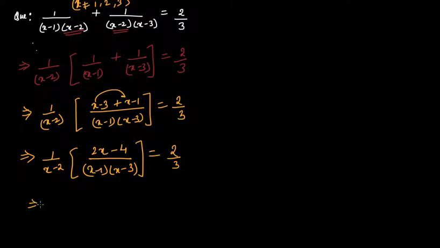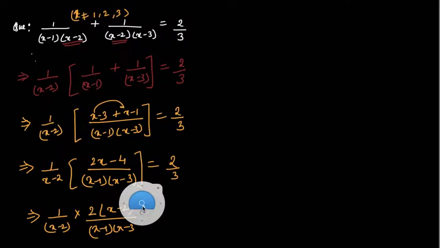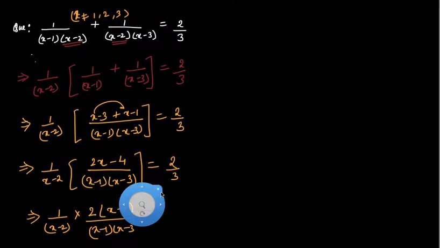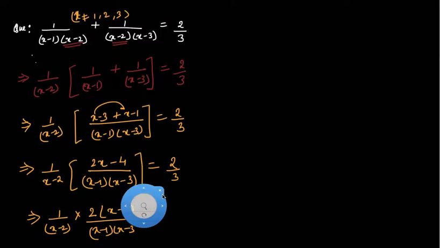Now you can see here that in 2x minus 4, I can take out 2 as a common factor. So it becomes 1 upon x minus 2 into 2 times (x minus 2), divided by (x minus 1)(x minus 3), equal to 2 by 3, right?